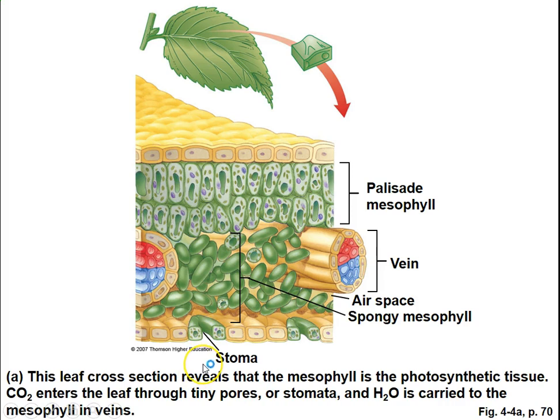Matter of fact, about 95% of the water that a plant takes up is lost by means of evaporation through these stomata. Because of that loss of water, it takes about 500 pounds of water for a plant to make 1 pound of plant tissue.